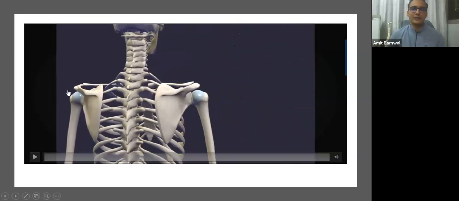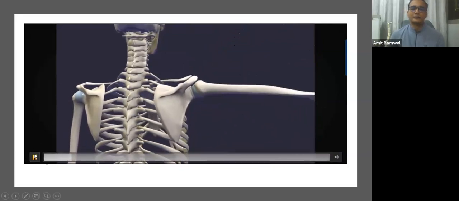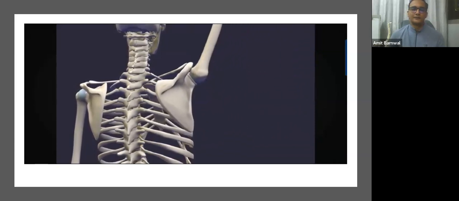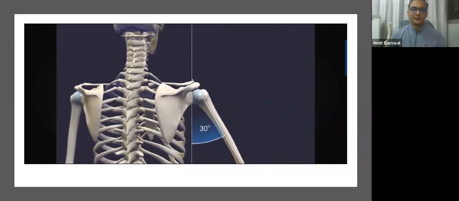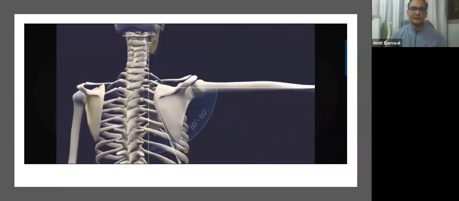I will play this once more. 30 degrees of glenohumeral movement, and after that there is scapulothoracic movement.